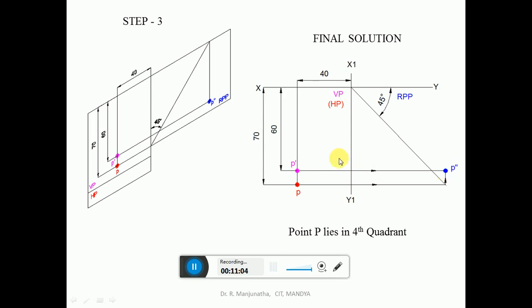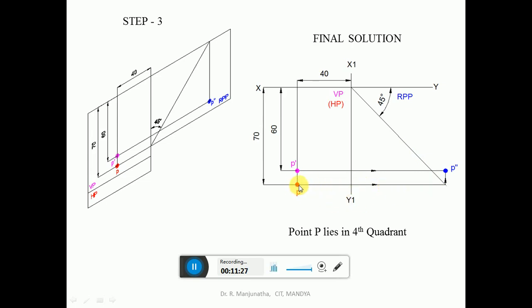Now the distance in front of VP, which is vertical here, in the profile view that distance is going to become horizontal. So to do that, first you draw a 45-degree line adjacent to the top view. This is because we need to transfer the top view distance onto the profile plane.